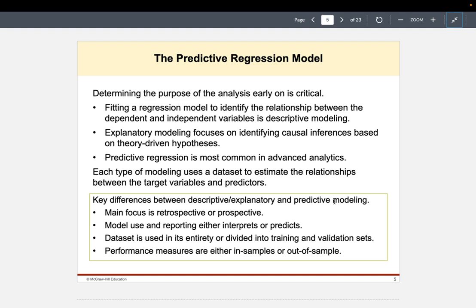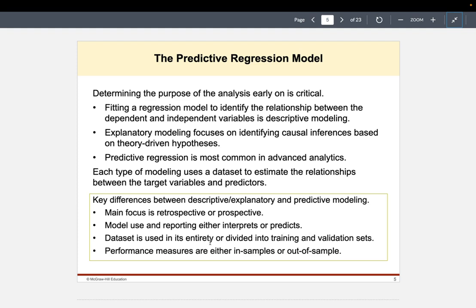I can predict how this might turn out. So what do I do now? Do we remove outliers? Do we have to put in certain values to get better? Do I need a higher accuracy? Do I need more recall? The main focus is retrospective or prospective models that use and report, and either interpret or predict, dare I say, and also prescribe. What do I do next?